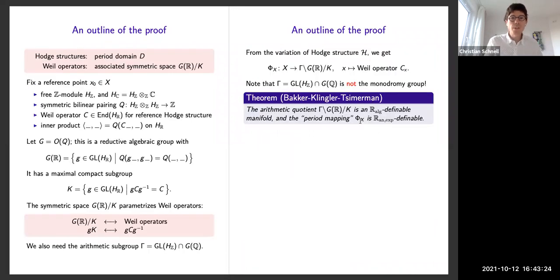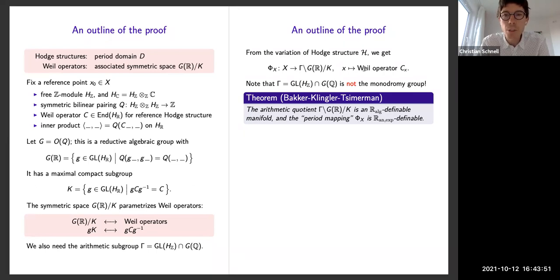Okay, and so then the first thing is, from the variation of Hodge structure that we started from, we get a sort of period mapping. But here we're not keeping track of the Hodge structure, but only of the Weyl operator. Right, so at every point in X, I have this vector space and the Weyl operator acting on it. And then I can use the underlying integral lattices to identify the different vector spaces with each other.